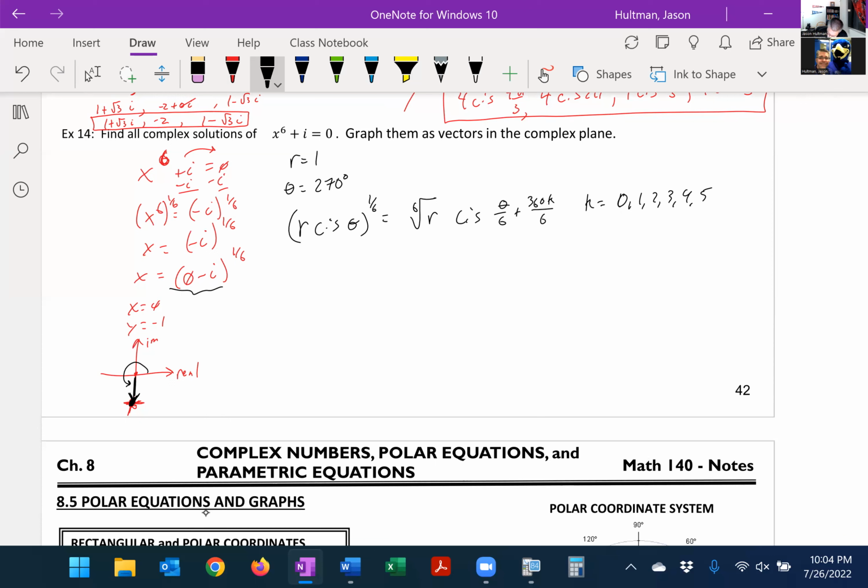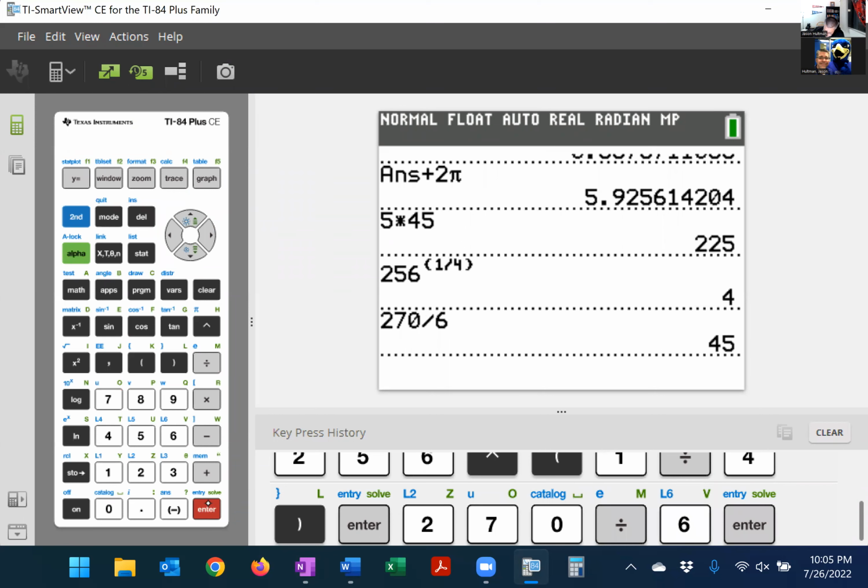Okay, so let's see what we get here. Well, what's r? R is 1. What's the 6th root of 1? It's 1. So this is going to be 1 cis theta over 6. And what's theta? Theta is 270. 270 degrees over 6. Does that divide evenly? 270 divided by 6 is 45.